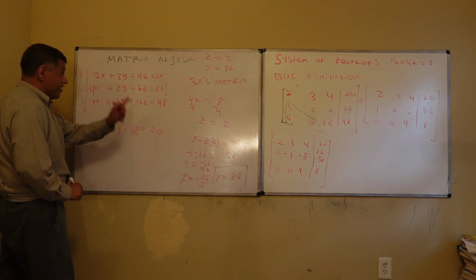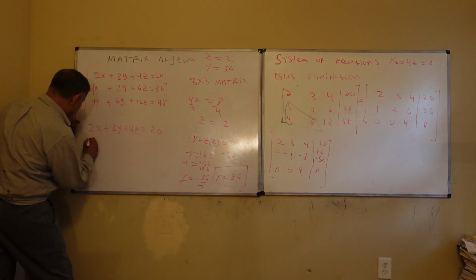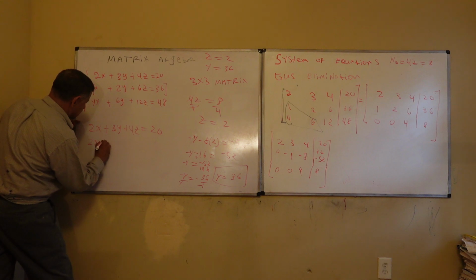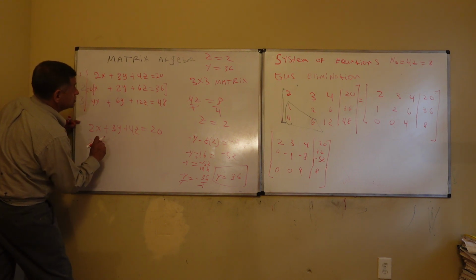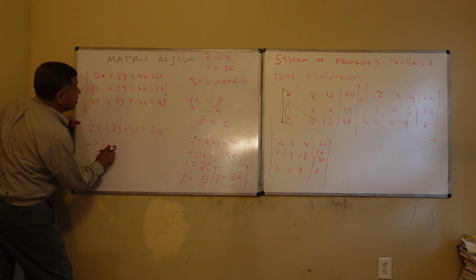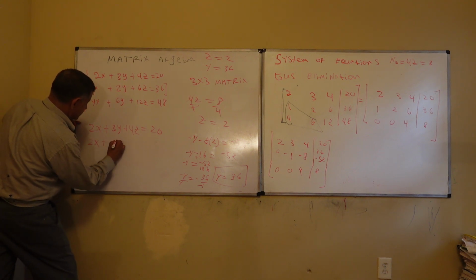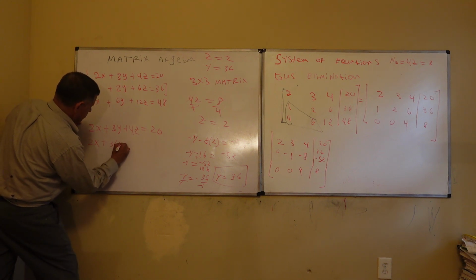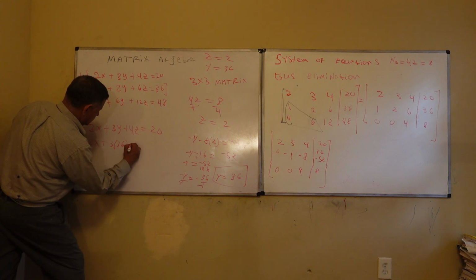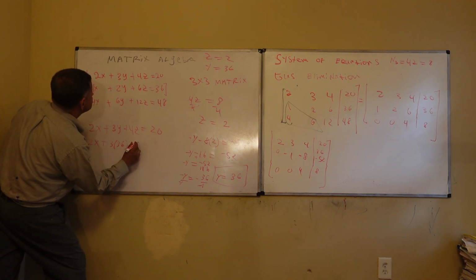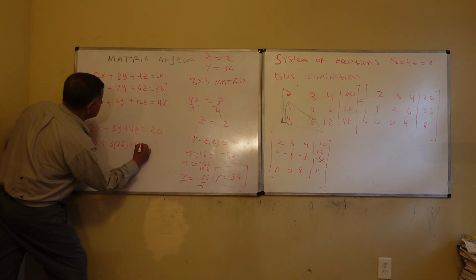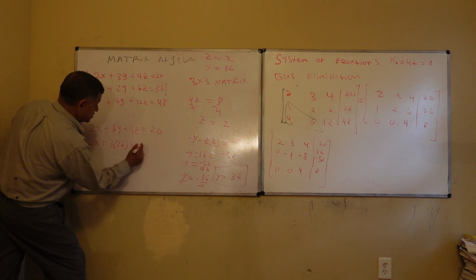Now we know the values, right? So we have 2x plus 3 times 36 plus 4z, but z is 2, right?